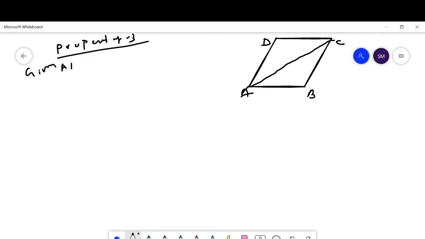Given: ABCD is a parallelogram and AC is the diagonal.